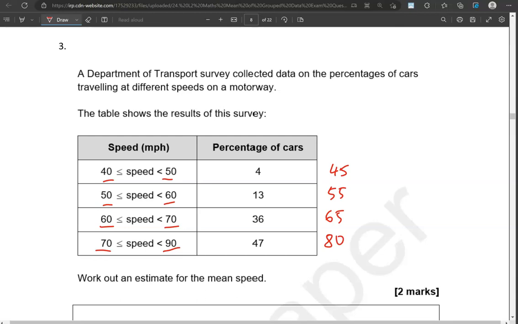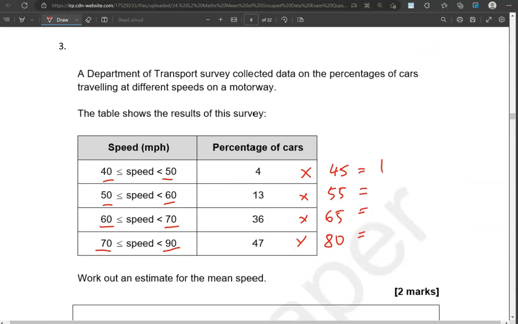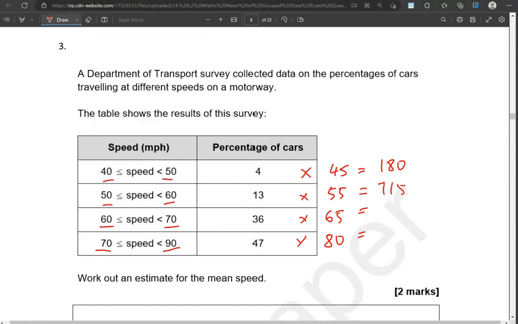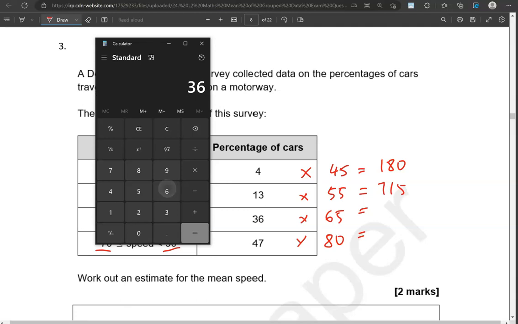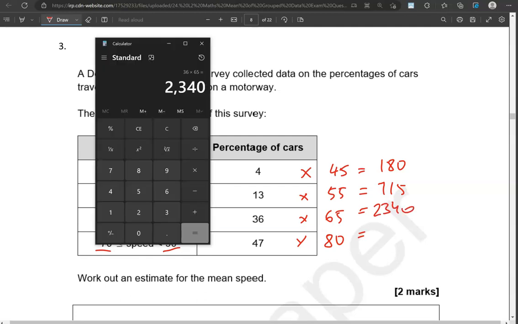Now multiplying these midpoints by the respective frequencies. So we'll do 4 times 45, which is 180, 13 times 55, which is 715, 36 times 65, which is 2340, 47 times 80, which is 3760.